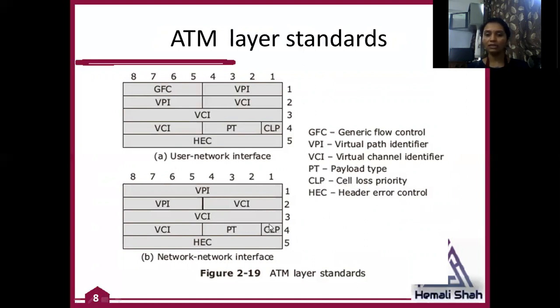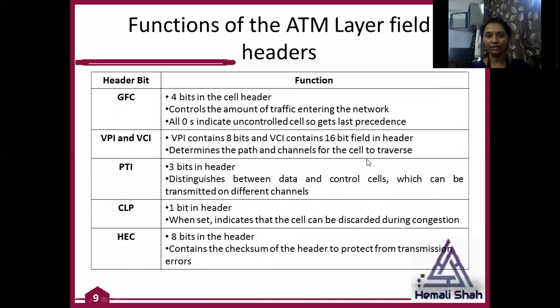It is 1 bit that indicates whether the cell will be lost, whether it is important for that particular data or not. PT means payload type, which type of payload is available in the data. The VCI is a total of 8 plus 4, that means 12 bits of information for the virtual channel identifier. And this is the basic function of the ATM layer header bits.